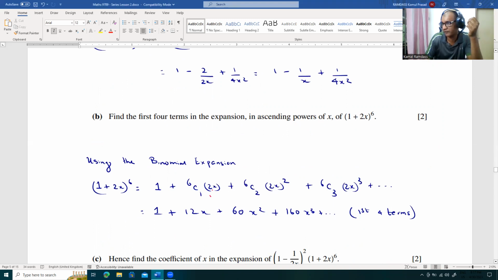Okay, first term, second term, third term, it is ⁶C₂ times (2x)² plus ⁶C₃ times (2x)³. Okay. And then you get 1 + 12x + 60x² + 160x³. Okay, the first four terms.